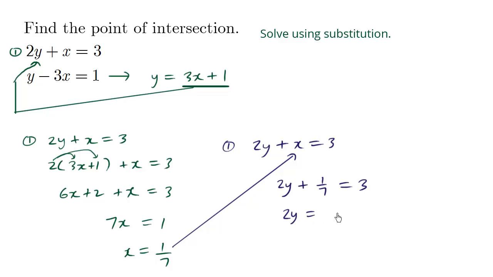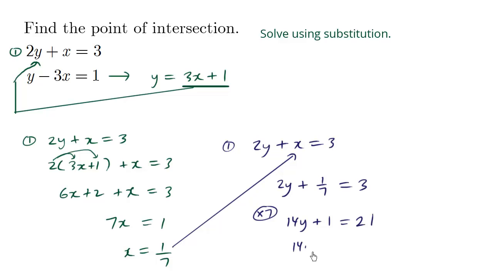2y equals 3 minus 1/7, or if you really want, you can even multiply everything by 7. When we multiply each term by 7, we eliminate the denominators. So let's try that. By multiplying by 7, we get 14y plus 1, the 7 and the 7 cancel out, equals 3 times 7 is 21.